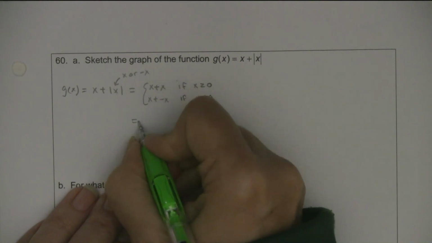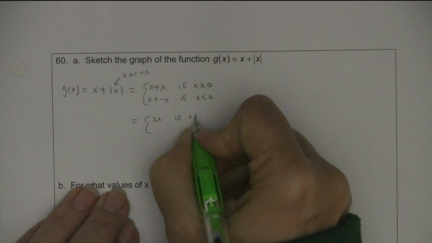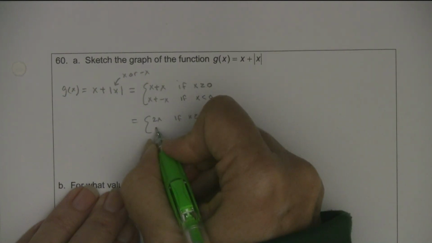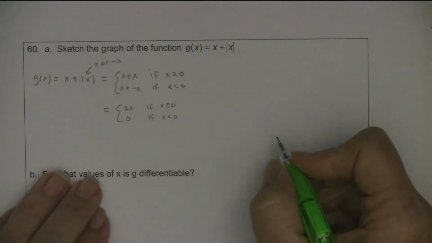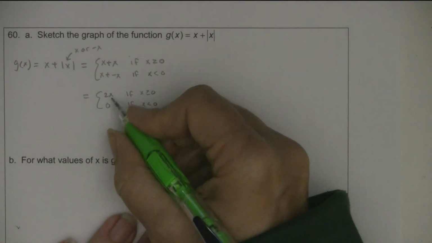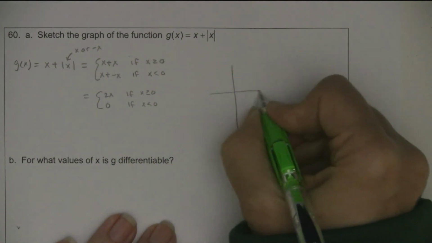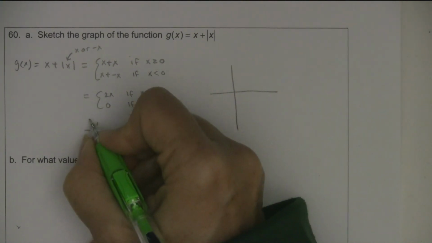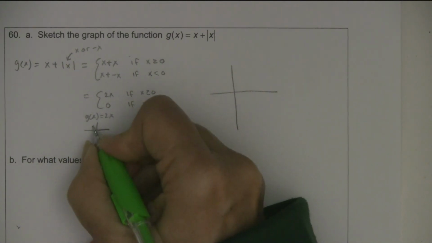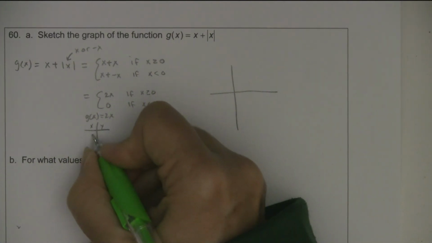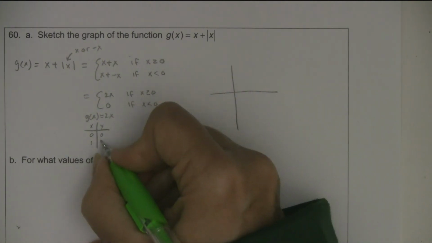And so this is either 2x, when x is greater than 0, and this is 0, if x is less than 0. So now that I've done that, I can sketch it pretty easily because it's just 2 lines. Over here, g of x equals 2x, and I'm going to choose values for x that are 0 or bigger, and I know it's a line, so I'm going to get 0 and 2.